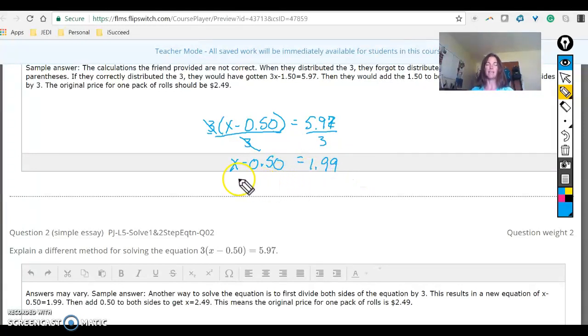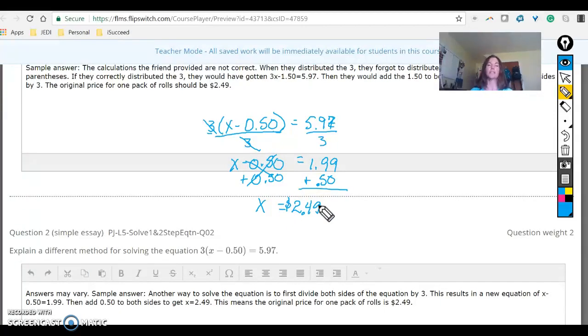Okay. And now the opposite operation of subtraction is addition. So if I add 50 cents to both sides, these go away, and I'm left with x on the left equals $2.49 on the right.